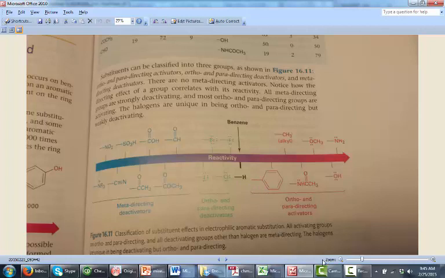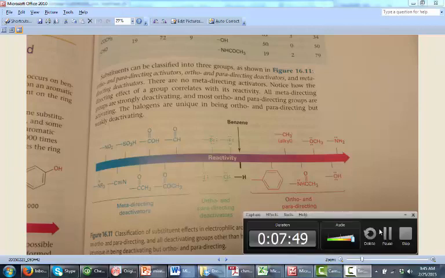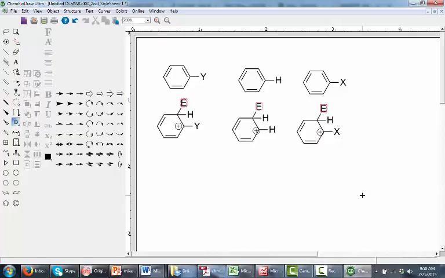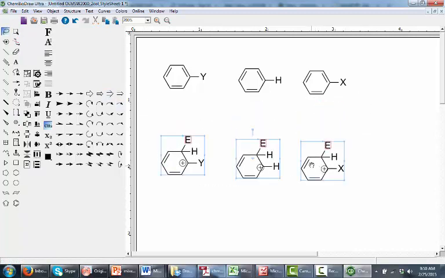Now let's talk in more specifics about how different functional groups activate and deactivate the benzene ring towards further electrophilic aromatic substitution. So let's start with the three cases shown up here.